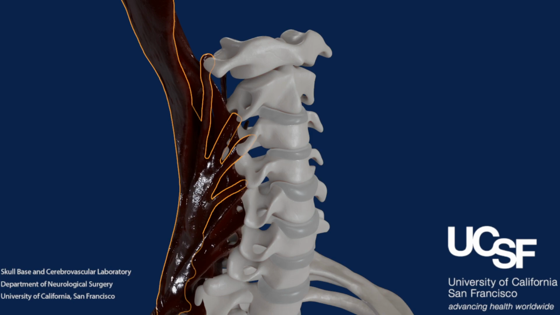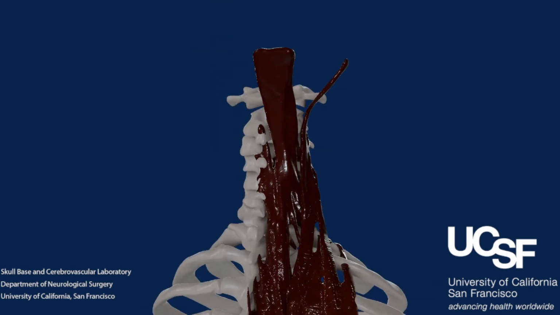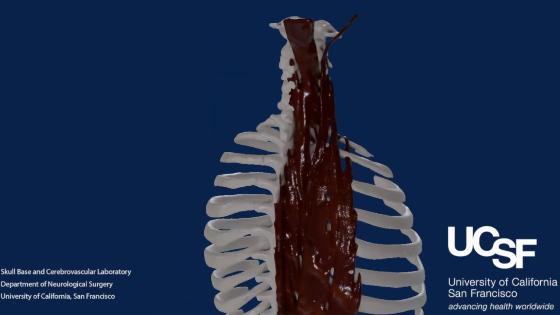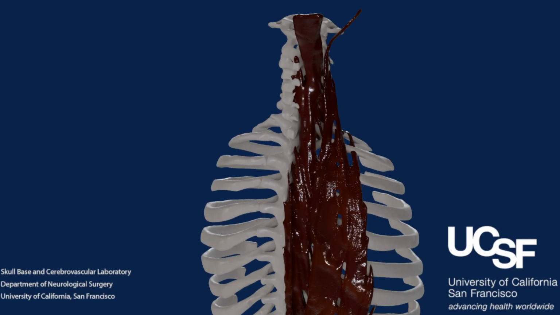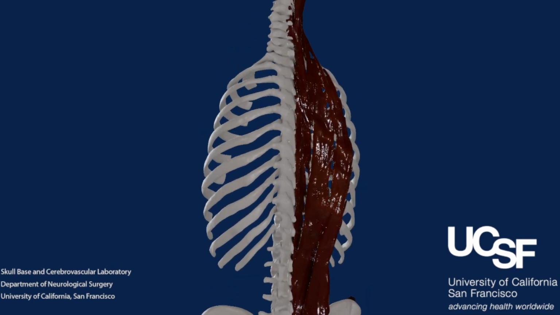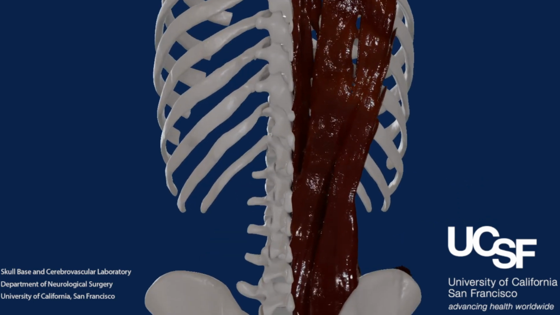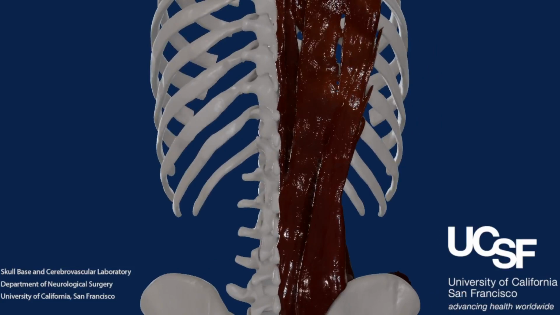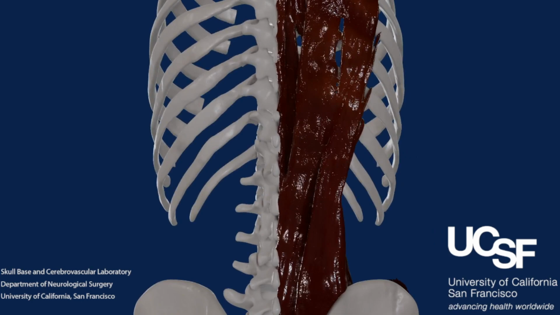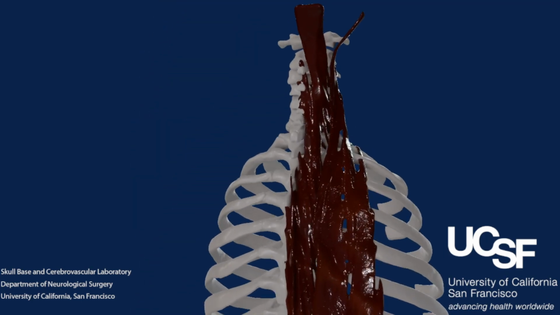Let's remove this group of muscles. And now we have a deeper layer of muscles, which is the 5th and 6th layer of muscles. These layers are formed by a group of small muscles that run from the most inferior regions to the most superior regions.